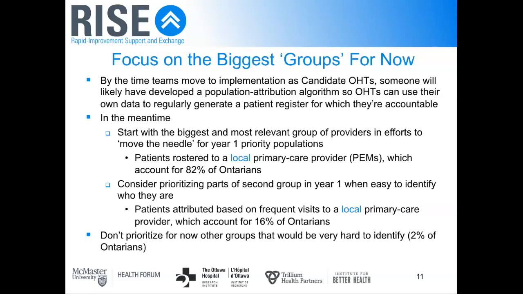By these illustrations we provided, we just wanted to get people thinking about how what they're seeing in the initial maps is what largely accounted for the attributed population, which are the PEMs. And then what they're seeing is the hospital to which those primary care providers typically refer.